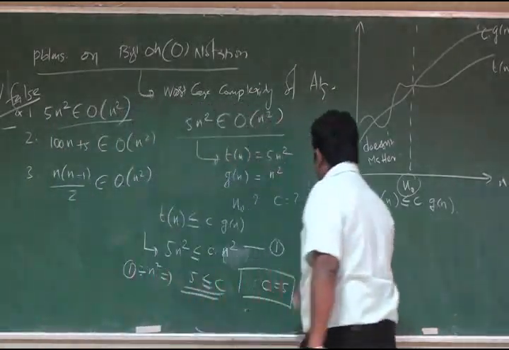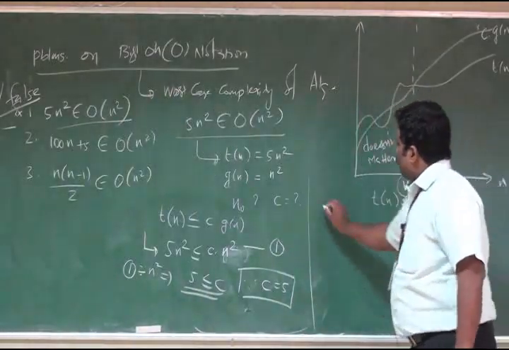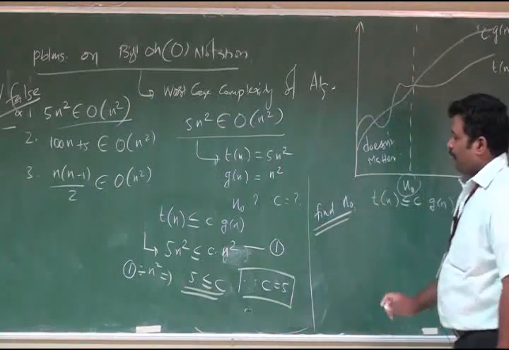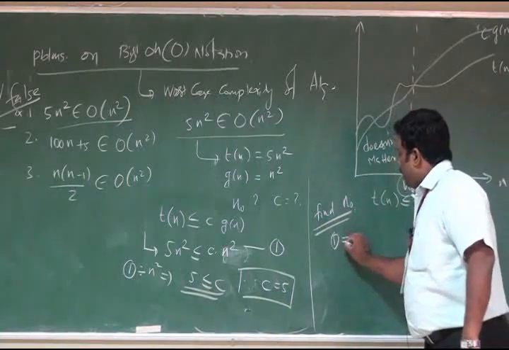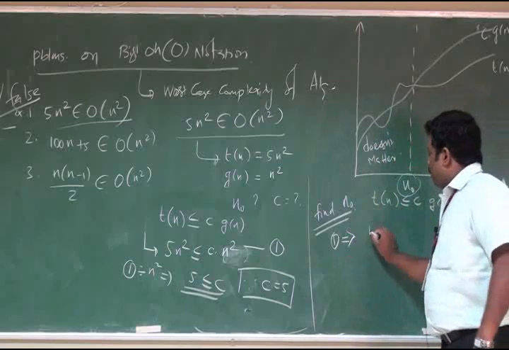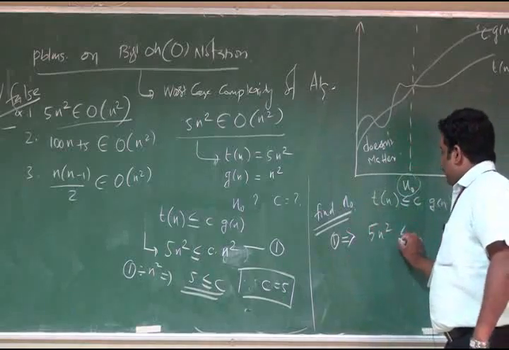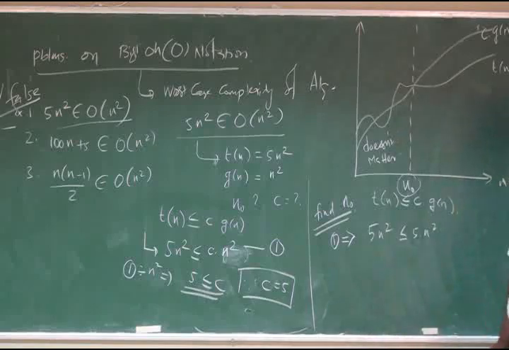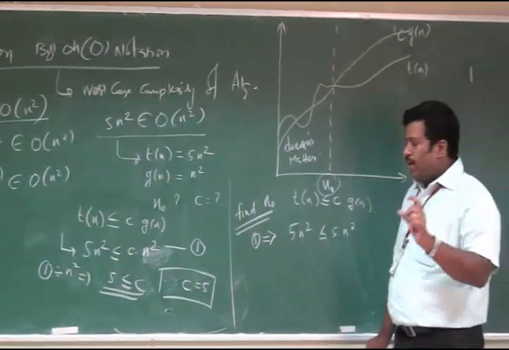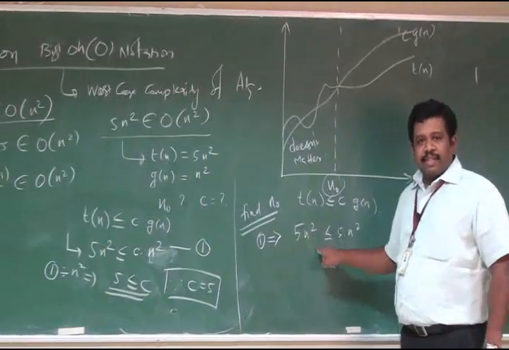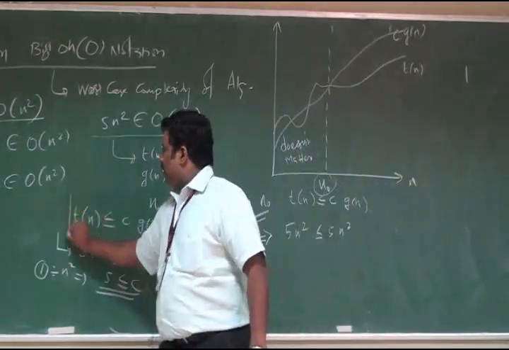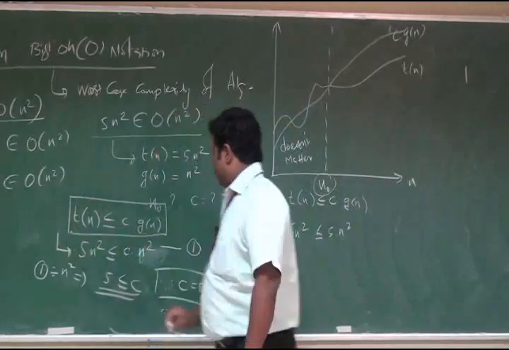Now you are supposed to determine the break even point. So find n naught. Equation number 1 can be written as 5n square less than or equivalent to 5 into n square. Now apply various input instances for n such that the given expression is true in this form: T of n is less than or equivalent to C into G of n.